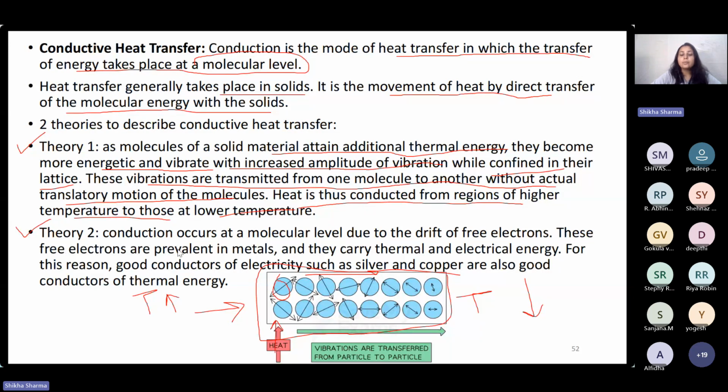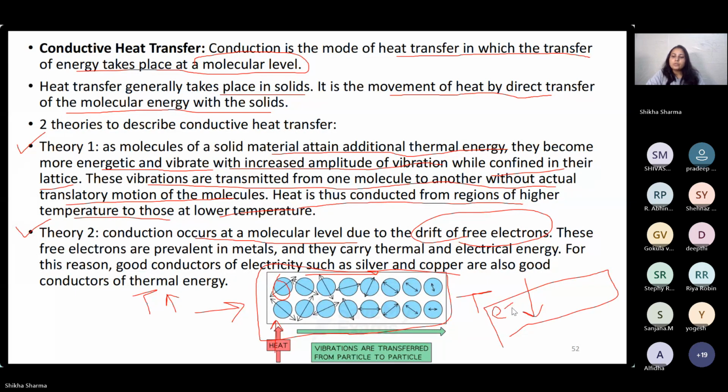The second theory says that conduction at the molecular level occurs due to the drift of free electrons. These free electrons are prevalent in metals, so metals have high conductivity and carry both thermal and electrical energy.